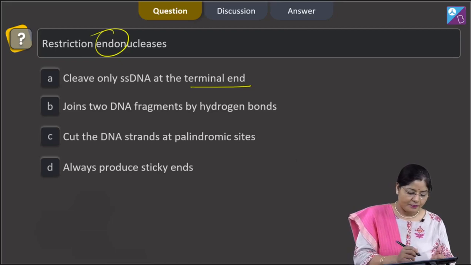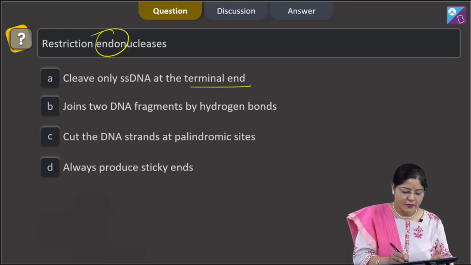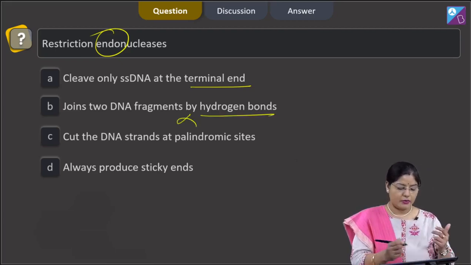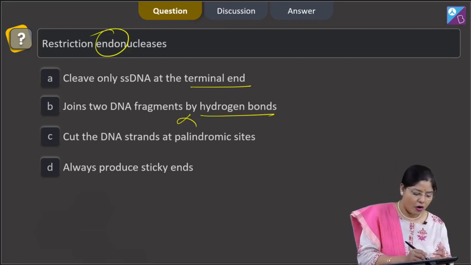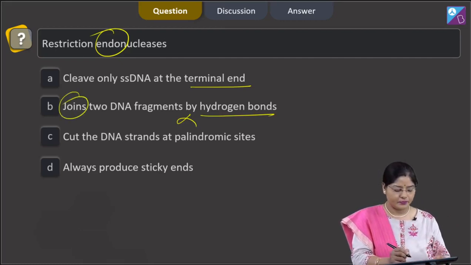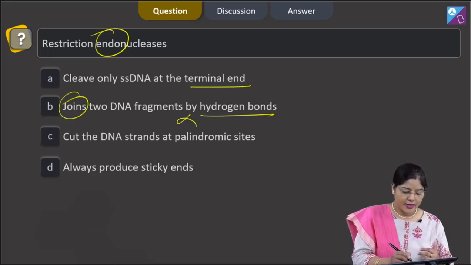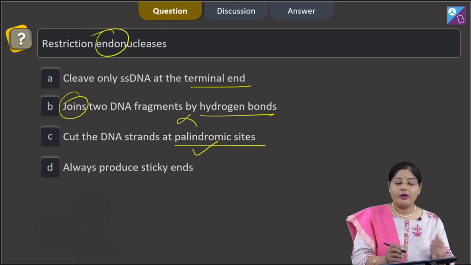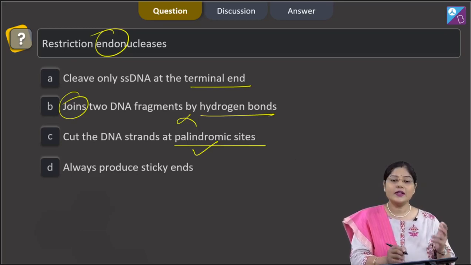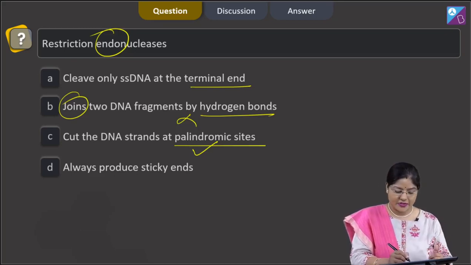Second option, joins two DNA fragments by hydrogen bonds. This is incorrect because restriction endonucleases cut DNA and not join DNA. Third option, cut the DNA strands at palindromic site. Yes, this is correct. Restriction endonucleases cut at specific sites and these specific sites are palindromic in nature.